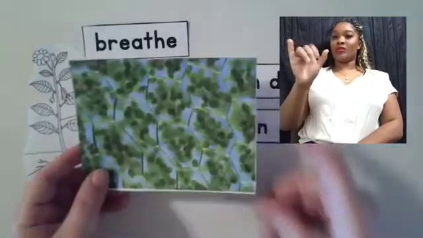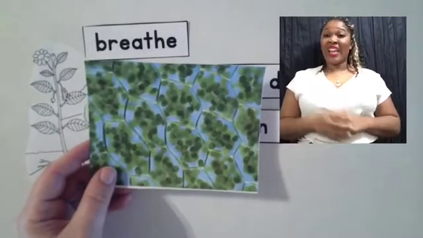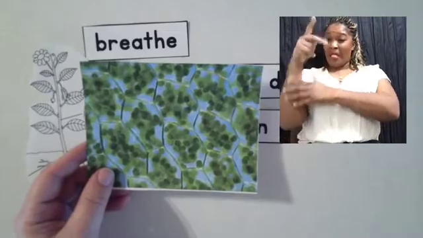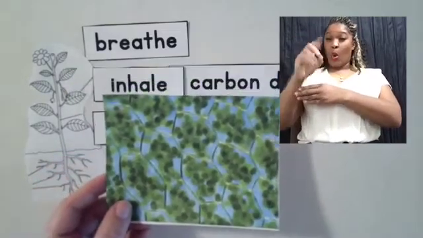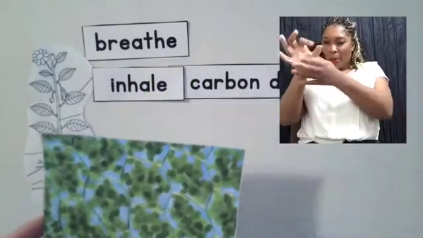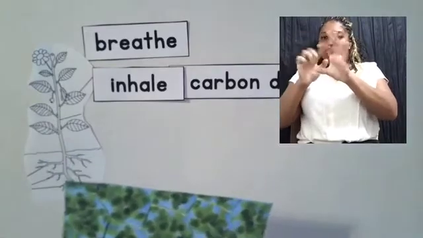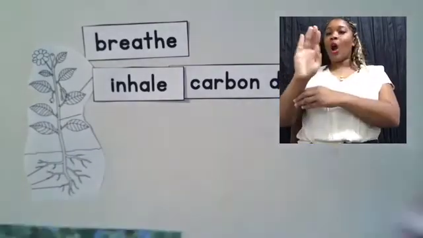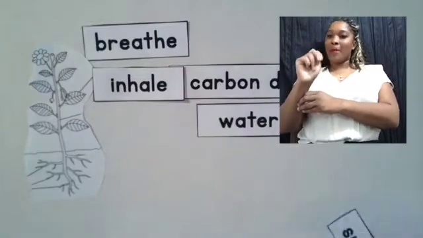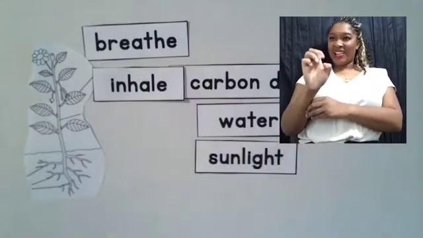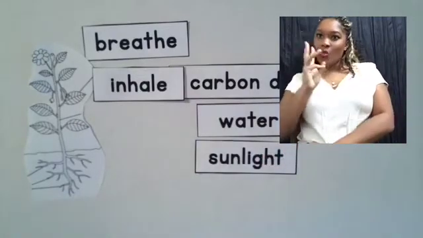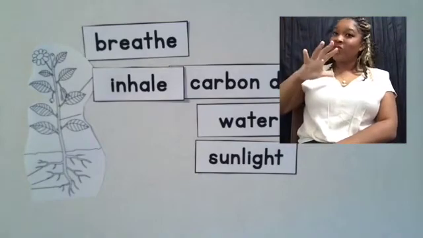The chloroplasts inside of the plant take in carbon dioxide. They also use water and sunlight, and they have a special process with this.